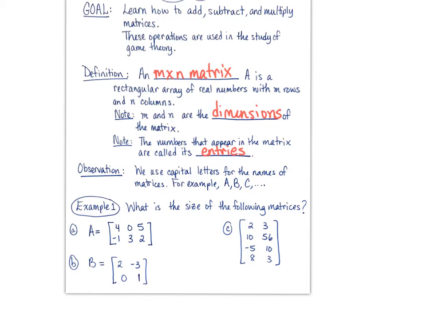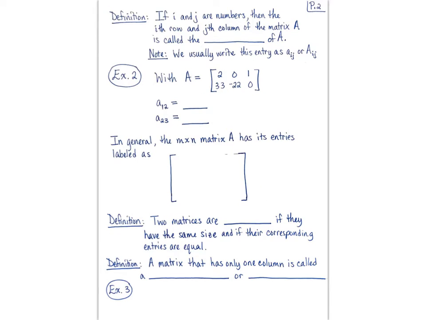What about B? 2 by 2, good, because it has 2 rows, 2 columns. And what about the matrix C? 4 by 2. Very good.